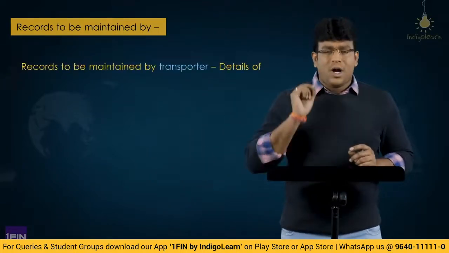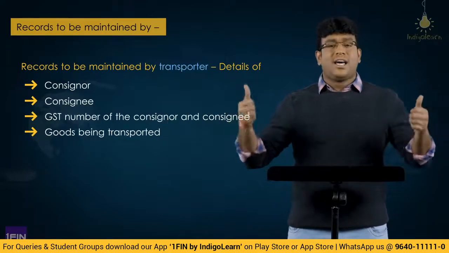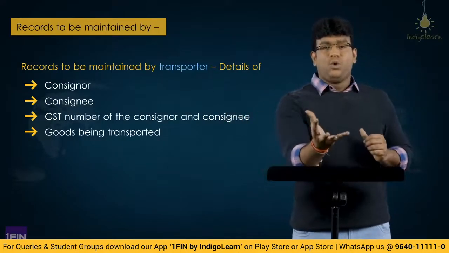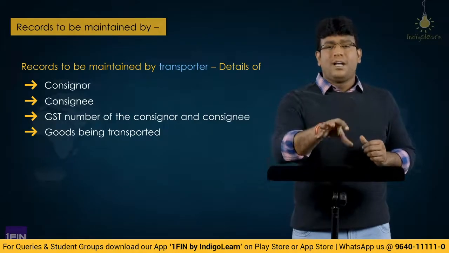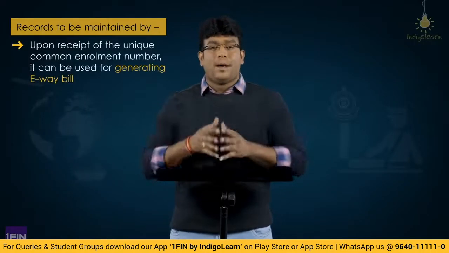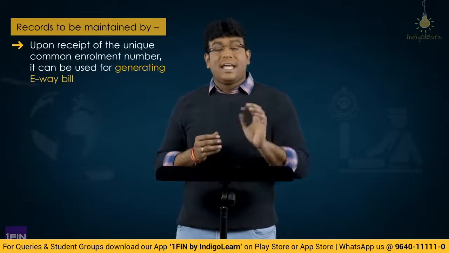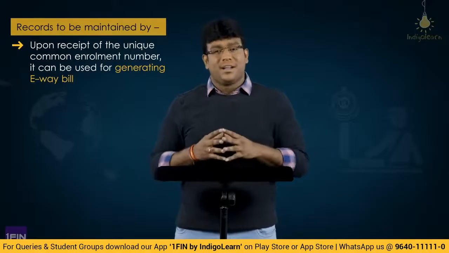And it is the responsibility of the transporter to maintain records related to the consignor, consignee, GST number of the consignor and consignee, and the details of the goods being transported. These details should definitely be maintained by the transporter. And finally, once the transporter has that unique common enrollment number, while generating an e-way bill, he will use that number only. He will not use any GST number.